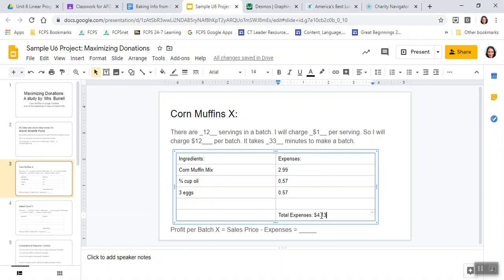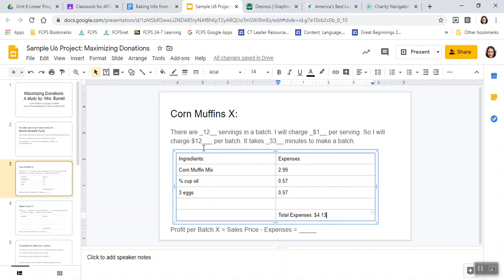All right, the profit is the money that you get to keep. So that's the sales price, how much you're going to charge, minus the expenses, because you had to pay that much just to get started. So I'm going to sell the corn muffins for $12 for the whole tray of 12 muffins. And my expenses are $4.13.